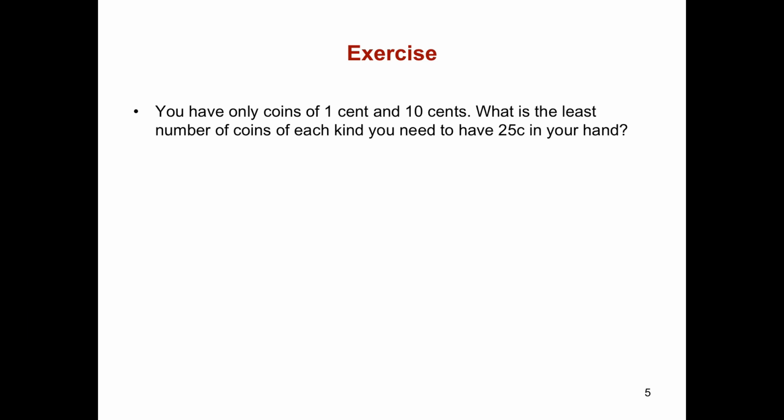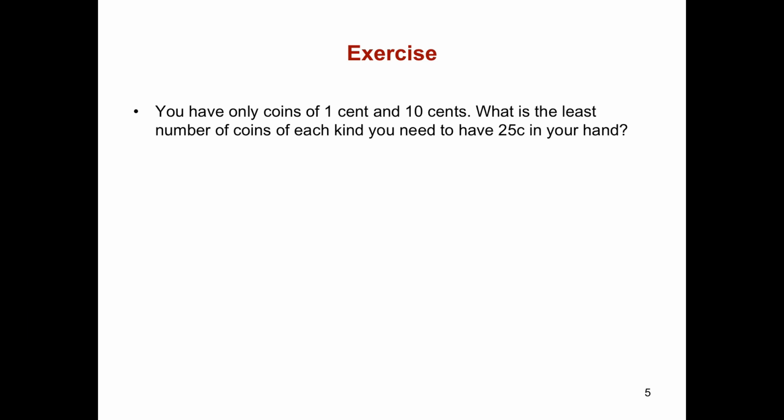How many of 10 cents? 2, and then 5 of 1 cent. I could have just 25 of 1 cent, right? Or I could have 15 of 1 cent and 1 of 10 cents, but that's not the least number of coins altogether.